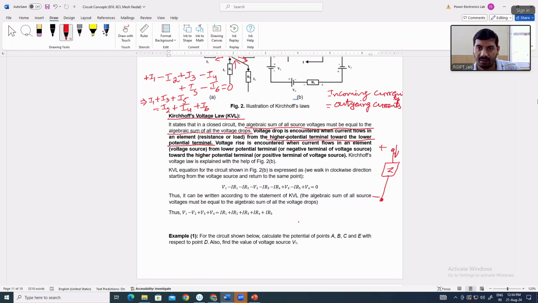That's why the voltage drop across this element will be plus here, minus here, Vz. Voltage drop will be encountered when the current flows from higher potential to lower potential. Clear?